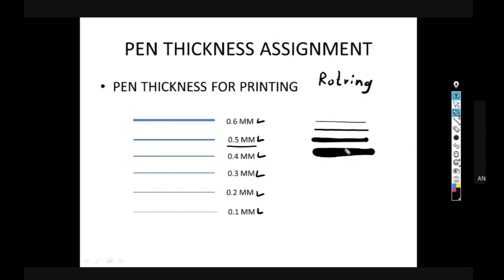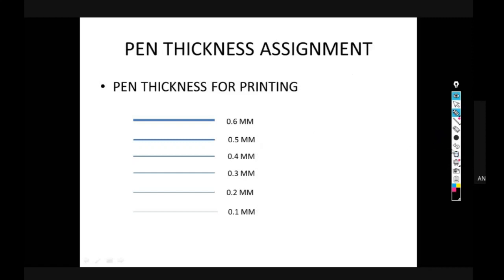So we can use different pen thicknesses in our drawings, even when we do hand drawings, and we use them in software like AutoCAD also. So don't forget, because otherwise if you don't use different pen thicknesses, it will not really look good, right? So these are the thicknesses used. You'll come to know in AutoCAD also, but this system was done manually too.